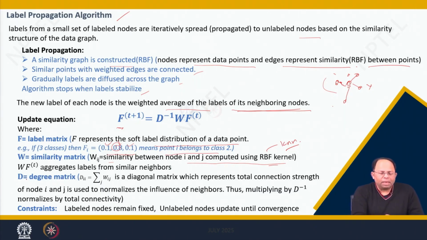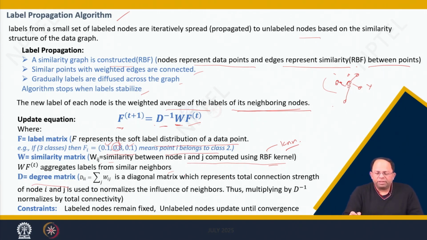And this WF^T aggregates levels from similar neighbors. That is just W, and this F^T, what it does is it takes the levels of the similar neighbors, because F is the level matrix, and then it is normalizing it again with D, which is the degree matrix, and Dii is equal to the summation over j of Wij.